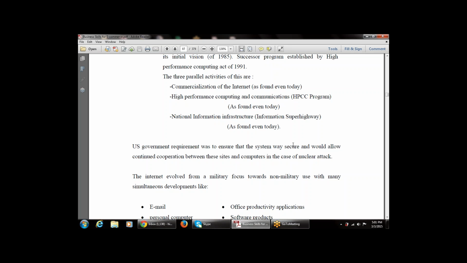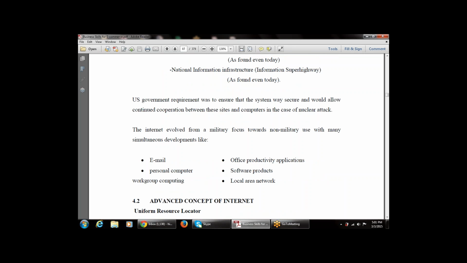What are the major developments? Email, personal computers, office productivity applications, software products, networked computing, local area networks. So these are the various programs used by the internet.